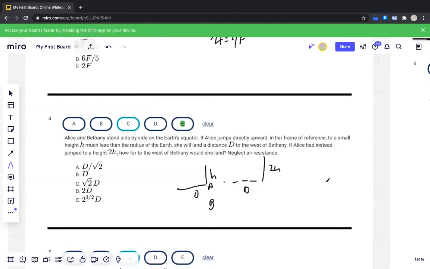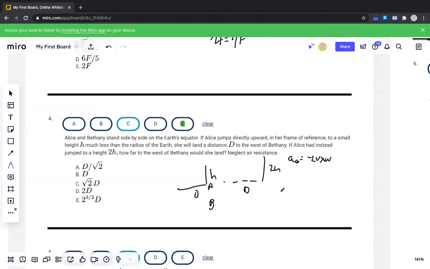And the first thing we need to know is why is she moving to the west? Well, she's moving to the west because of the Coriolis force, which is a fictitious force, and the equation for this force is given as a_C, the Coriolis acceleration, equal to negative 2 times omega cross v, where omega is the angular velocity of the Earth and v is the velocity of the girl.